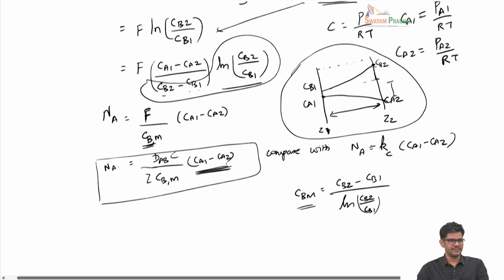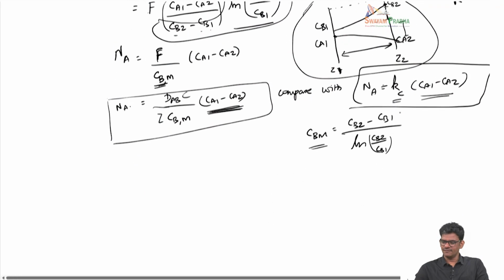Now you can relate this to the way we have written mass flux in the previous module, where we wrote some local coefficient times the concentration difference or mole fraction difference. Mass transfer rate as some coefficient times the concentration difference can actually be derived from the fundamental laws of mass transfer also. Now you can see the relationship between the coefficients.